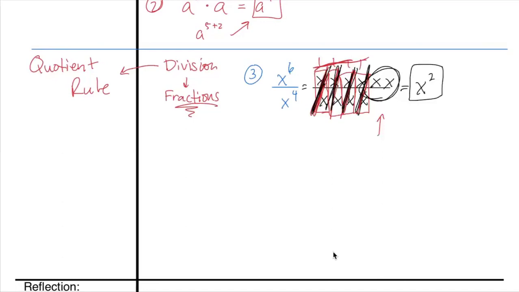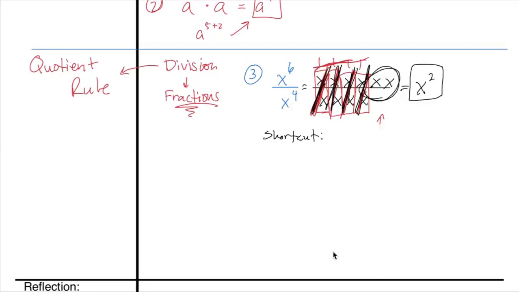So now look at my exponents here. How did I go from a 6 and a 4 to x squared? Because 6 plus 4 is 10, so I know I'm not adding. What's the shortcut with the quotient rule?